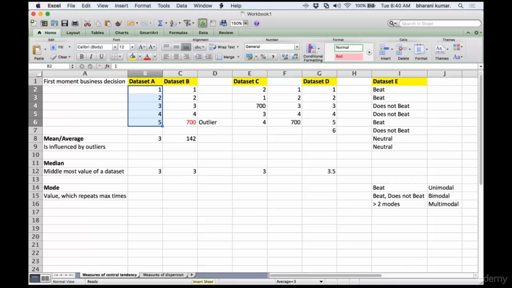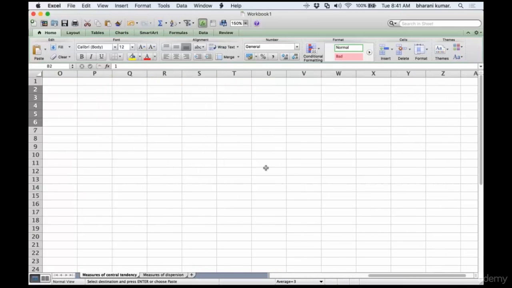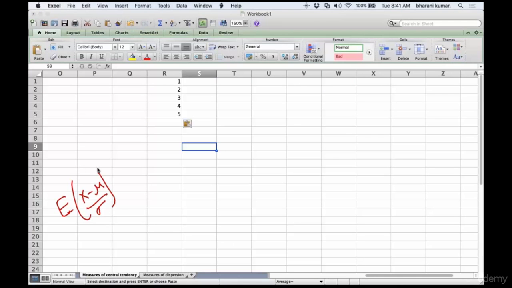Say I'll take 5 numbers: 1, 2, 3, 4, 5. What is the formula for skewness? It is expected value or summation of (x minus mu) by sigma, whole raised to the power 3. Mu here is mean. Sigma is your standard deviation.